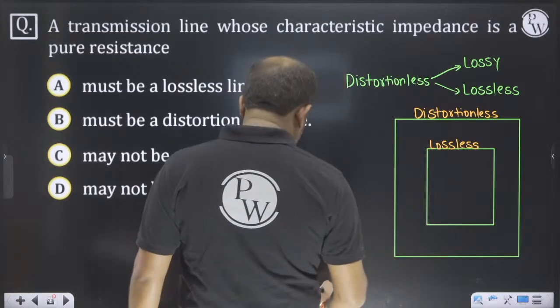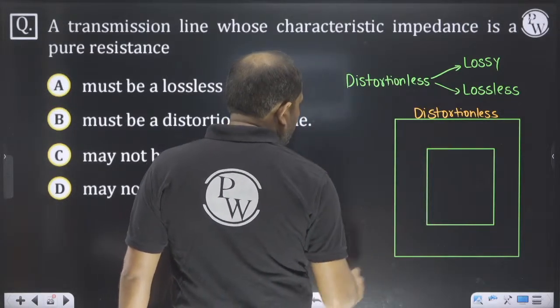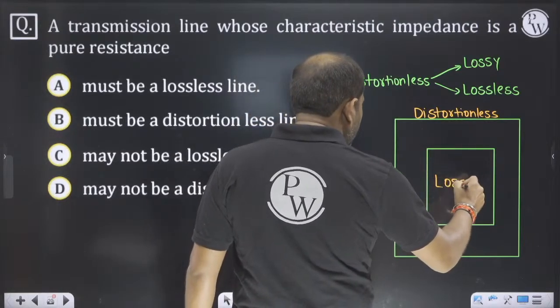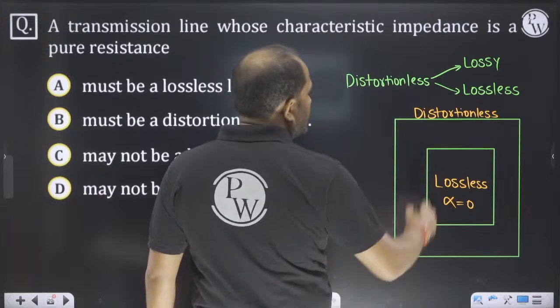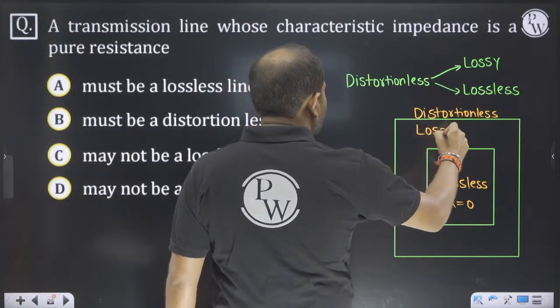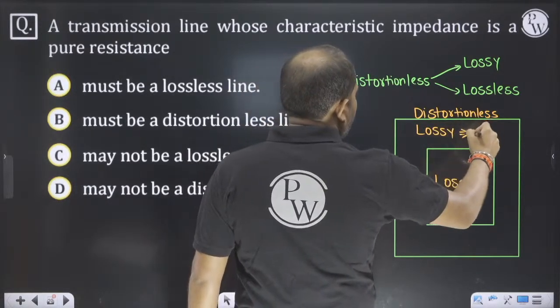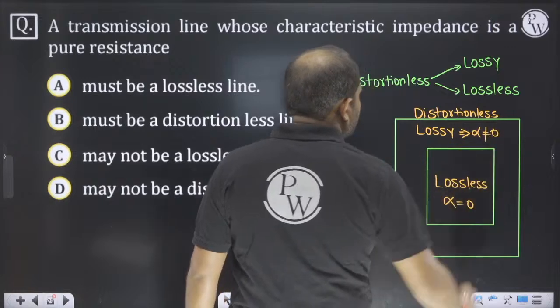This is lossless. In case of lossless, alpha is equal to 0. And this one is lossy. In case of lossy, alpha is not equal to 0.